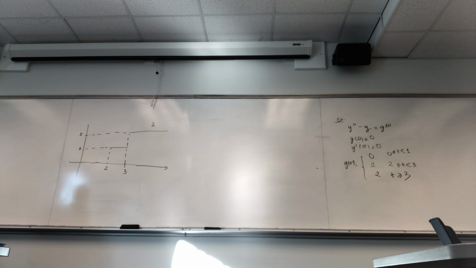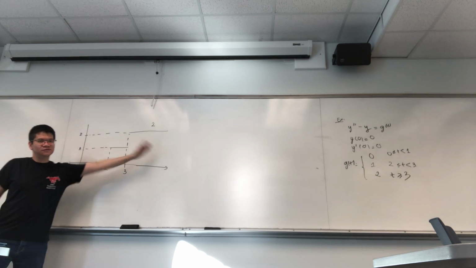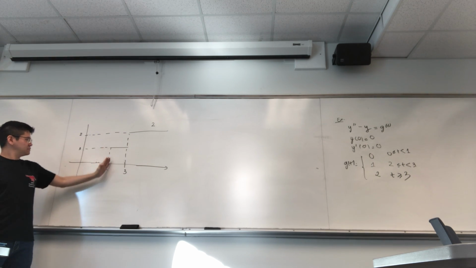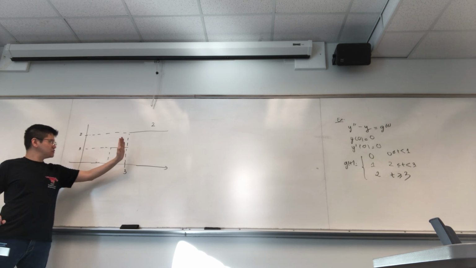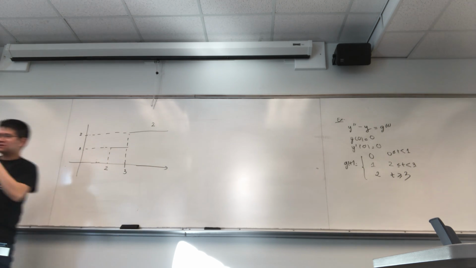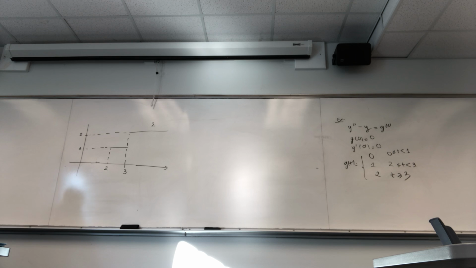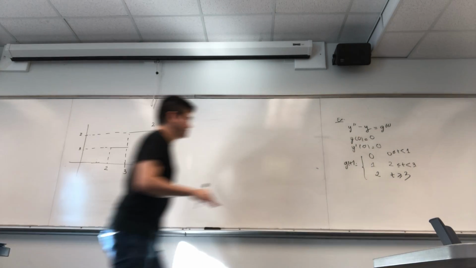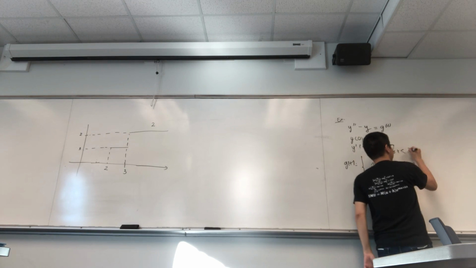So how can I express this as the sum of Heaviside functions? This is going to be 2 from here to infinity. So what is the expression that we can write? Is the first term still 1 when t is less than 2, or is that also a 2?